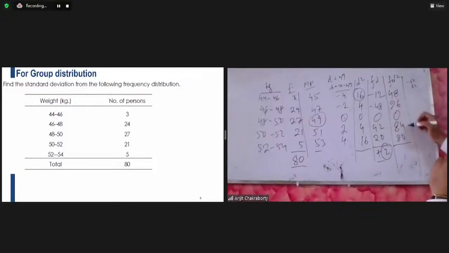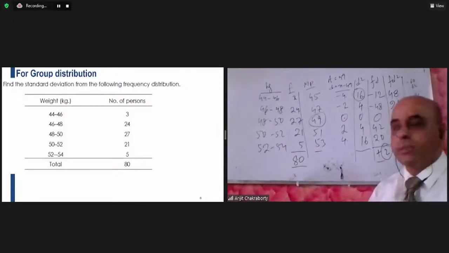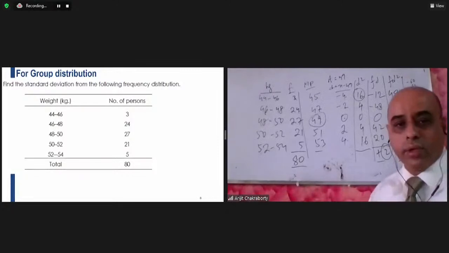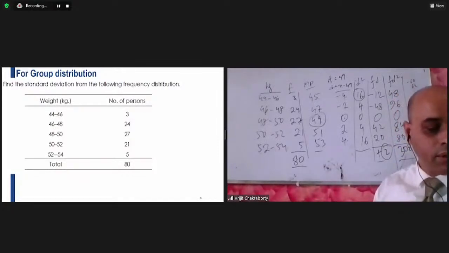And FD squared, let me just work out and check. 96 and 48 is 144, 144 and 164 comes to 308. I'm getting 308. I will check with the problem if we have gone wrong anywhere.